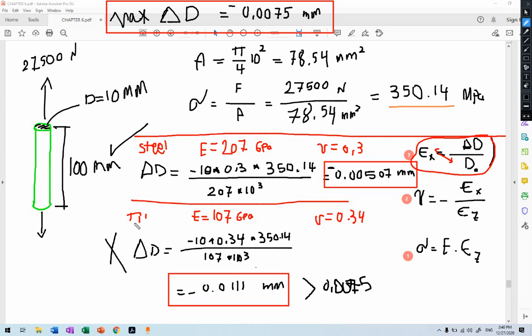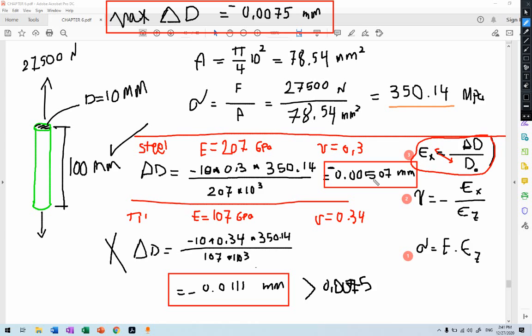So steel is still the only candidate that will be in the elastic zone, and the change in the diameter delta D will be less than 0.0075 millimeter, which is 0.005 millimeter. So this is the case when you're dealing with two conditions, the Poisson's ratio and the modulus of the elastic zone.